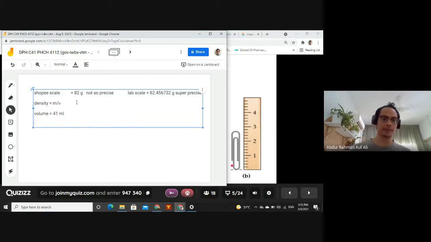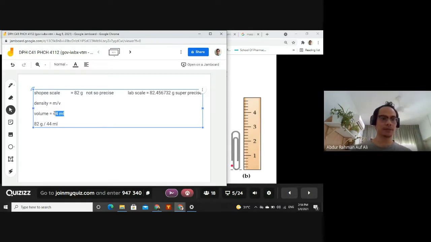So kalau saya nak cari density yang menggunakan Shopee scale ni, saya ambil dia punya berat 82 gram bagi dengan 41. Sorry. That's not going to prove my point. Saya katakan tadi 44 mililiter. So 82 gram.